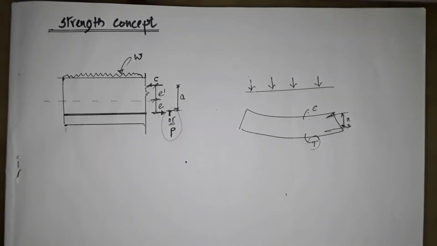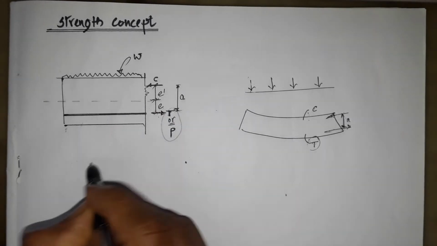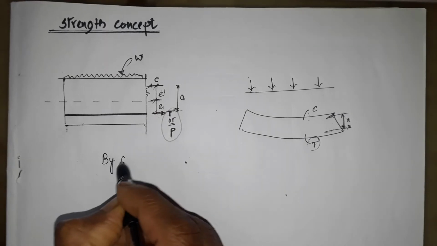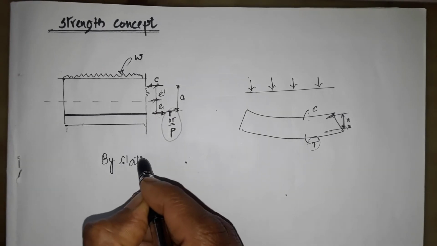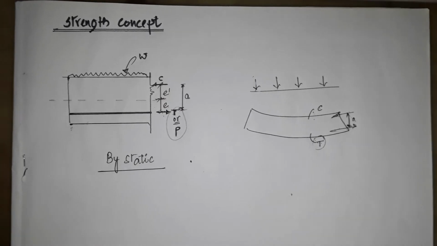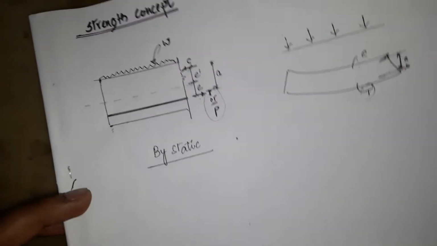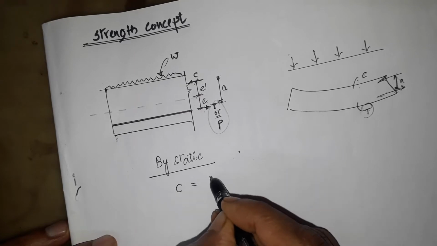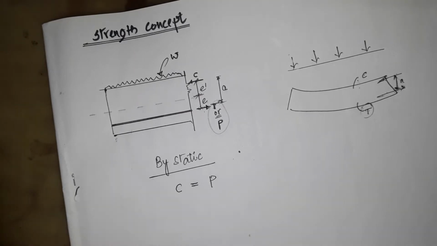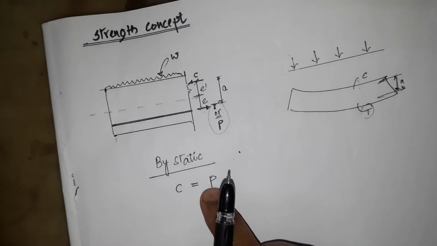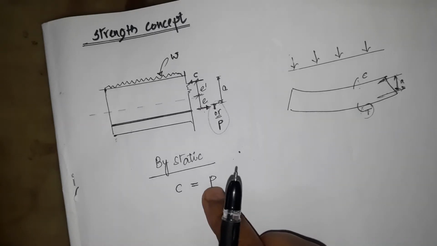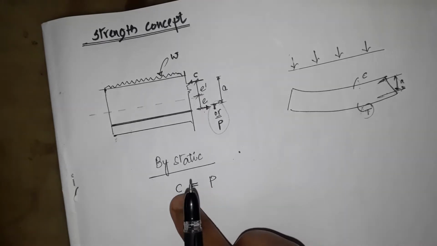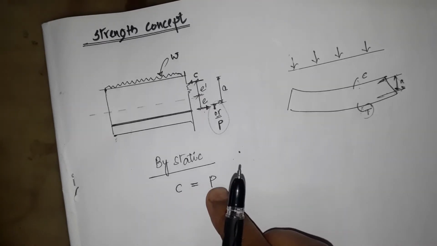By statics, C is equal to P. Total compression should be equal to total tension, which is P. Tension or pre-stressing, both are the same.